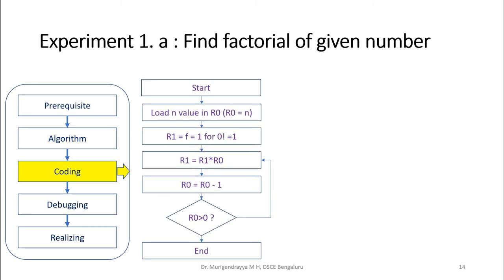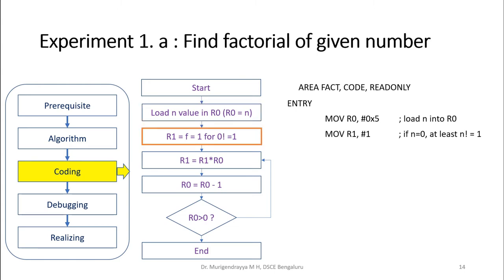So let us see the coding by referring to the flow chart. First, we have to specify the area, the location, and the name of the location, which we specified as fact, and it should be read only. The program begins with the keyword ENTRY, which is a directive. The first instruction loads the n value into R0, and then R1, the register which holds the result of the factorial, is initialized to 1.